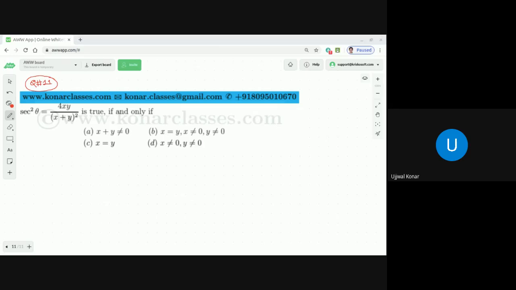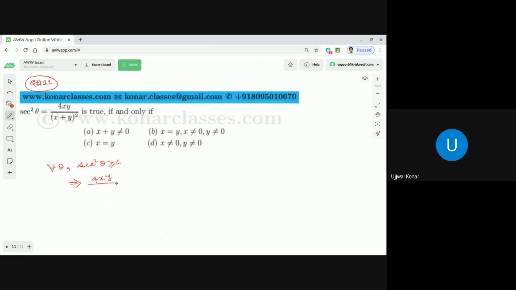So the same approach here: for all values of theta, sec square theta is always greater than equal to 1. This implies what?